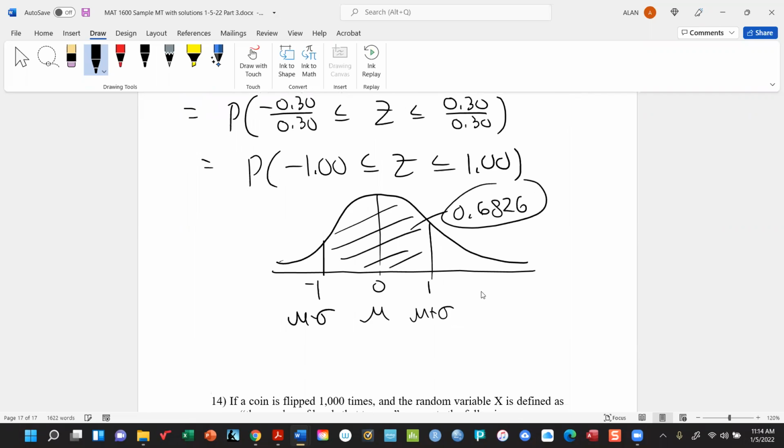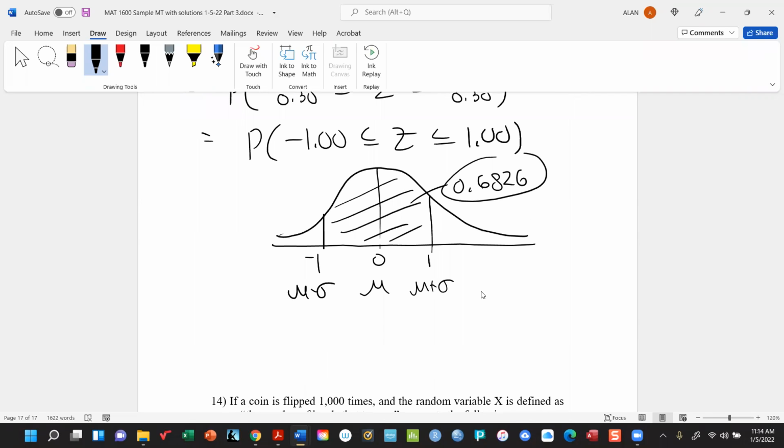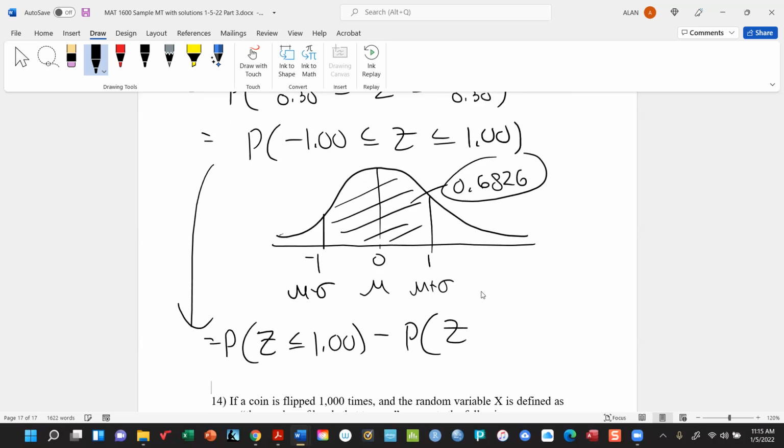Being within one standard deviation of the mean should give us a probability of approximately 0.6826. But we're going to prove it now by recalling that whenever you have an in-between case, what you're actually doing is subtracting the smaller one from the larger one.